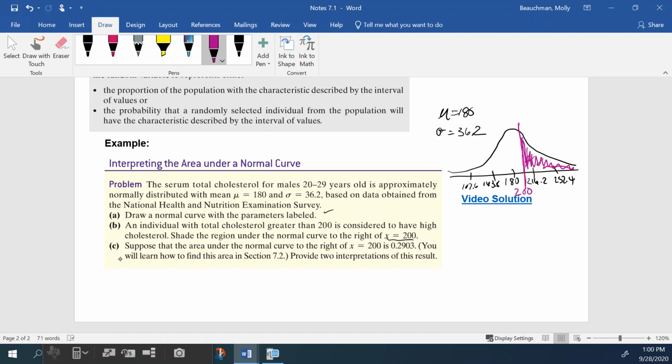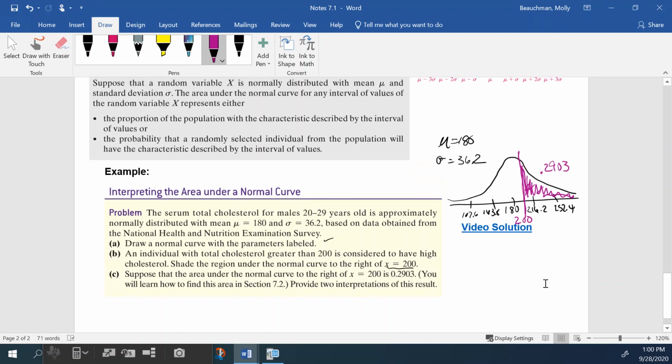So part C, suppose the area under the normal curve to the right is 0.2903. So this area is 0.2903. We want to be able to interpret this in 2 ways. Interpretations: it's either the proportion of the population with the characteristic.